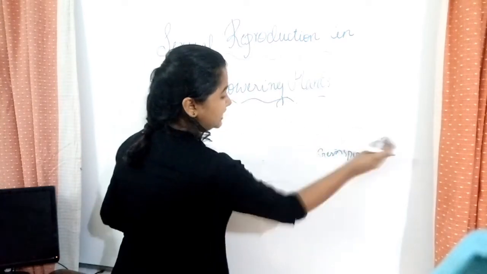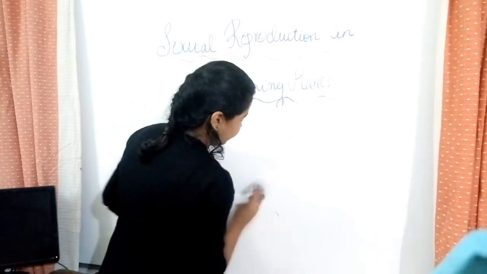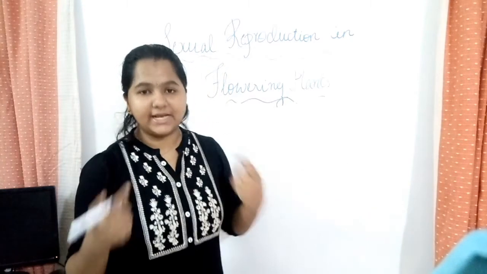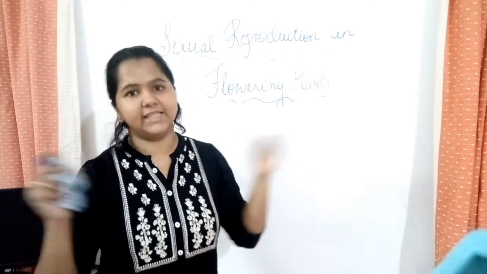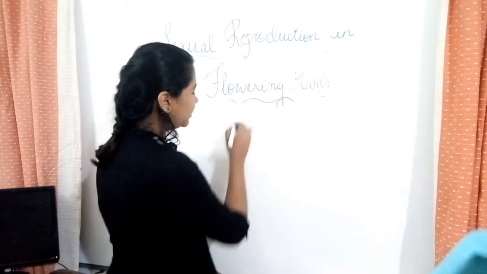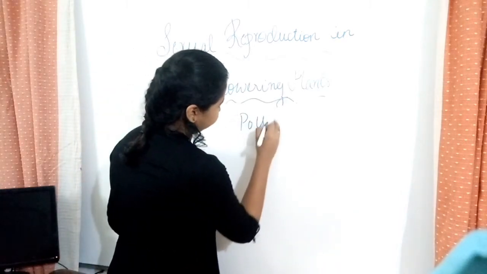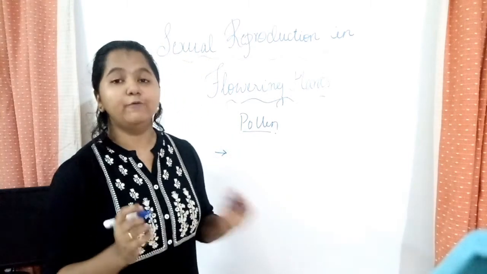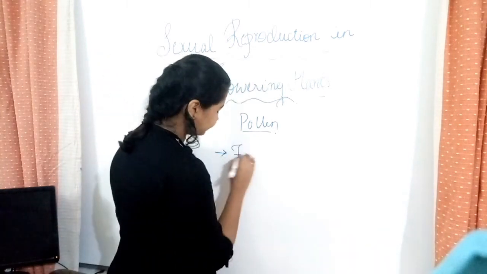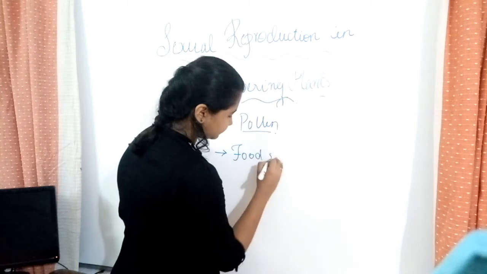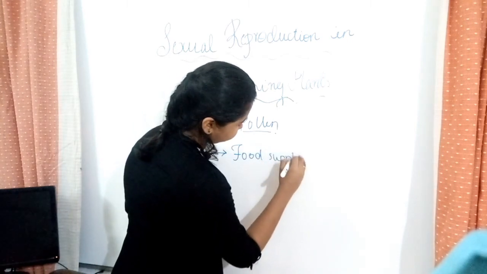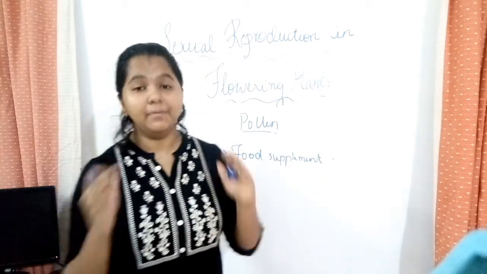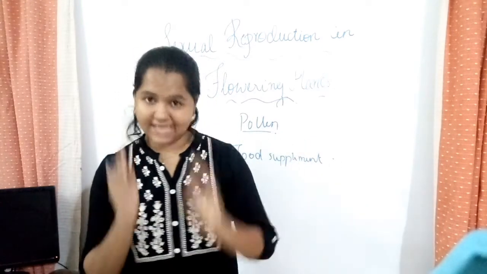And next we have to learn about the importance and the functions, like what all a pollen grain does, benefits and disadvantages. So the importance of pollen grains. First importance is it is a food supplement, which is used by both human beings as well as animals.